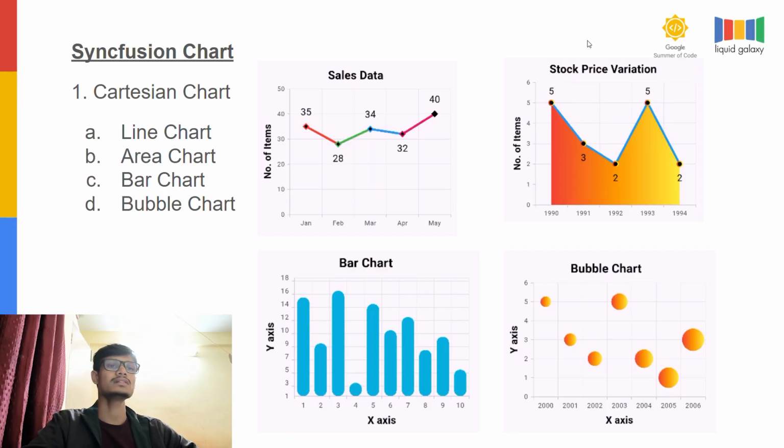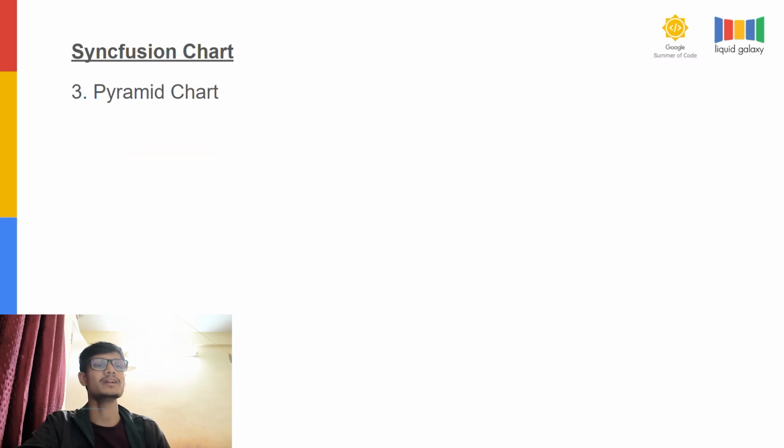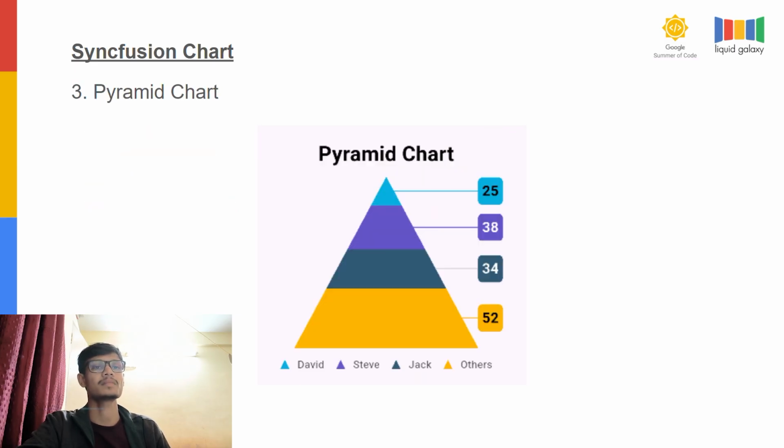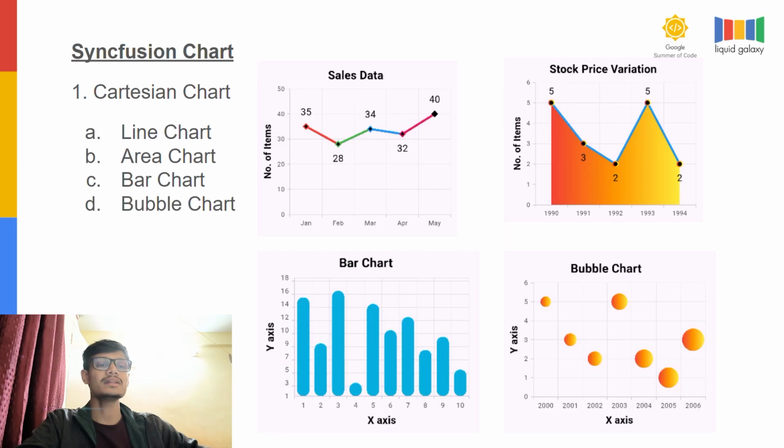Now come to the second package, Syncfusion charts. The Syncfusion charts package provides four different types of chart: Cartesian chart, circular chart, pyramid chart and funnel chart. Cartesian chart provides lots of charts, but in this video we will cover line chart, area chart, bar chart and bubble chart.